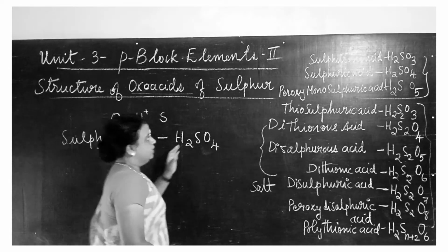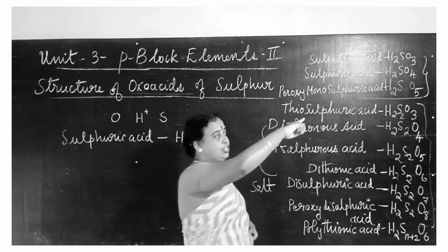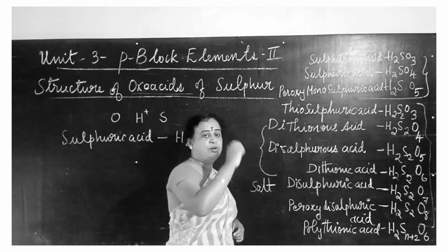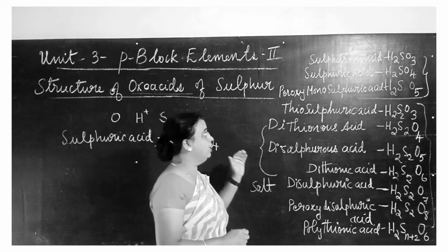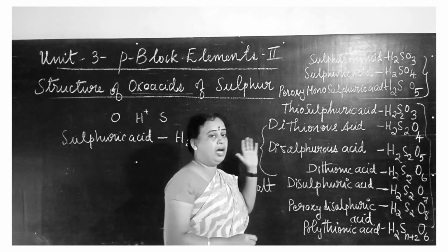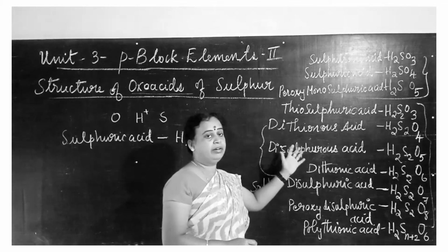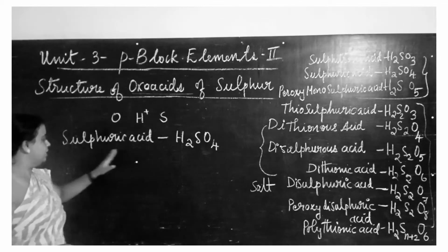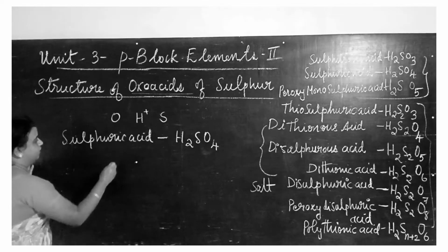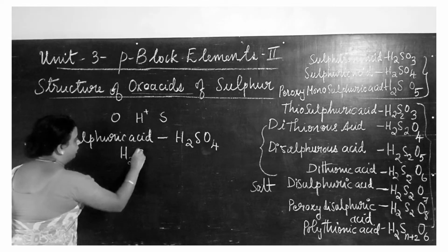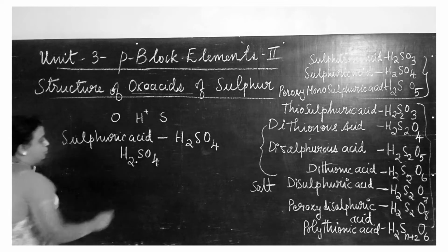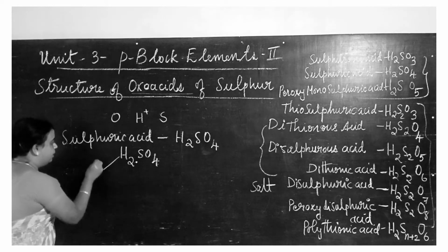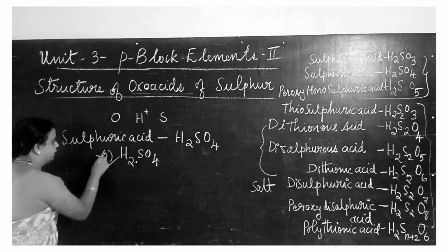Now, the first three: sulfurous acid, sulfuric acid and peroxymonosulfuric acid. I'll explain how the names are formed and how the structure is written. The ultimate one is sulfuric acid, H2SO4. From this formula, you just minus one oxygen atom.